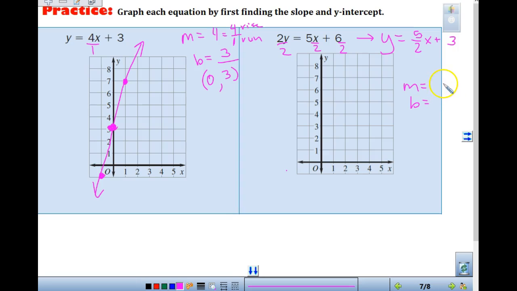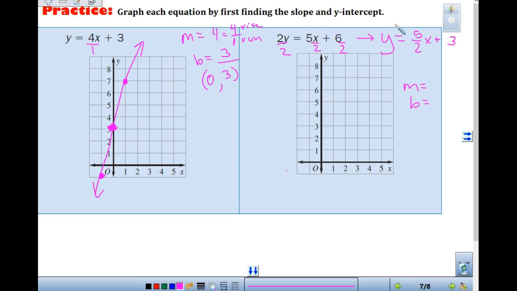Which one? You've given me 5 over 2, and you've given me the 3. Which one do you want to use for your slope? Everyone, let's say the equation in slope-intercept form. Y equals mx plus b. Okay, one more time. Y equals mx plus b.